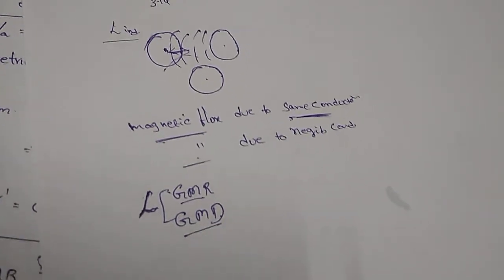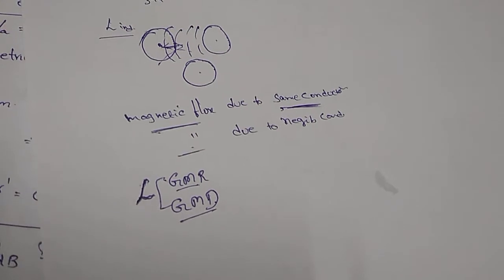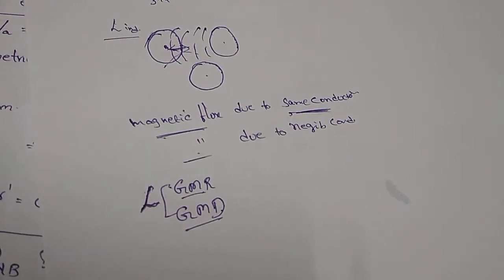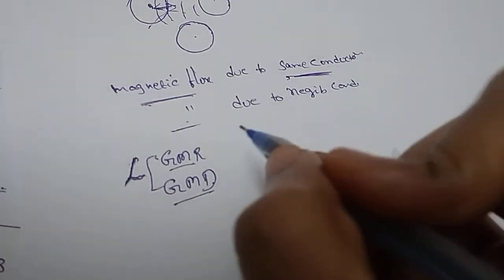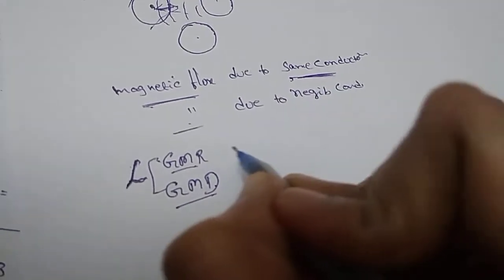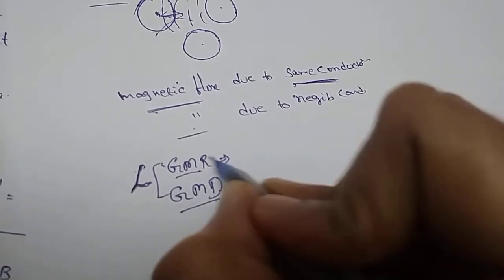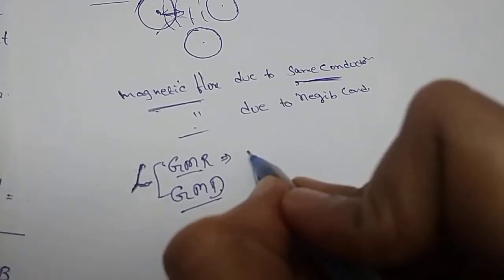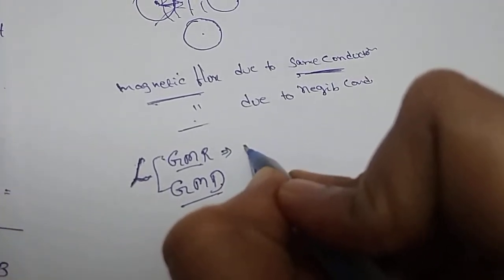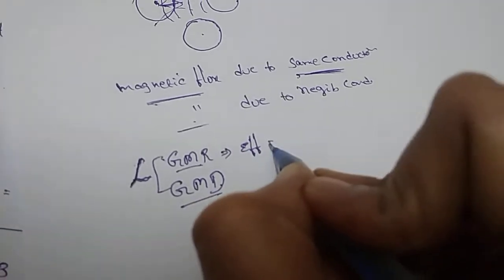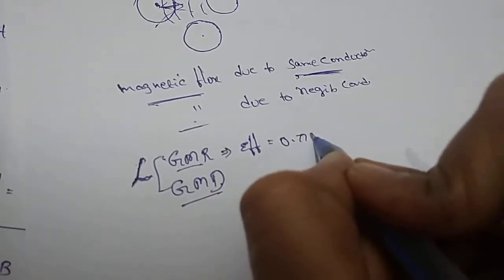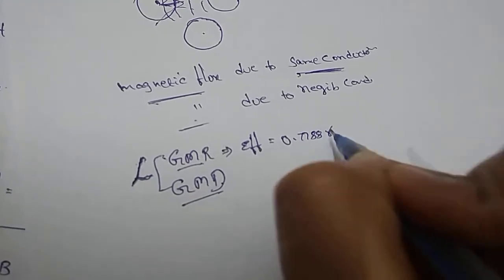Since the conductors we are considering are coaxial circles, for calculation of GMR simply remember the effective radius will be 0.7788 into the actual radius.